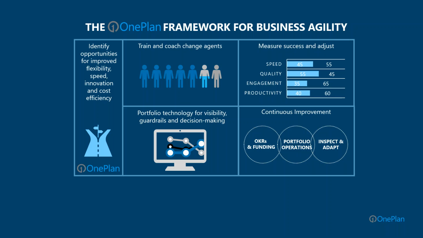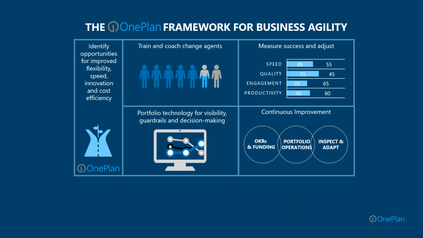One Plan as an organization, we also have technology for business agility, and that enables you to have all of these visualizations and connect up your processes, avoid people having to drown in spreadsheets, which not only waste a lot of time, but prevent you from getting the big picture.